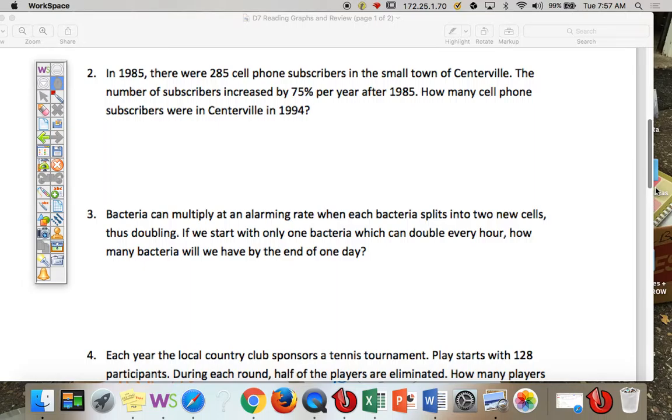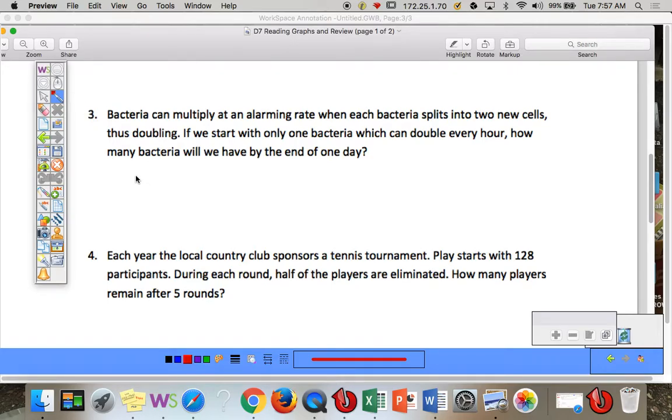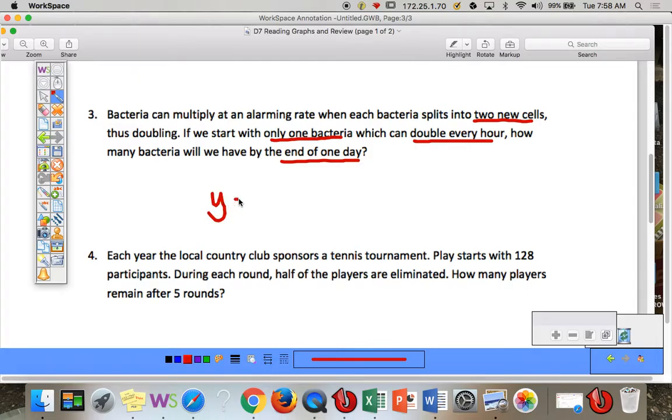Number 3, bacteria can multiply at an alarming rate when the bacteria splits into 2 new cells, thus doubling. If we start with only 1 bacteria, which can double every hour, how many bacteria will we have by the end of 1 day? All right, so 2 new cells. We start with 1 bacteria, doubles every hour, end of 1 day. Okay, so y equals, we start with 1, it doubles. t is the number of hours, so here in 1 day there's 24 hours.